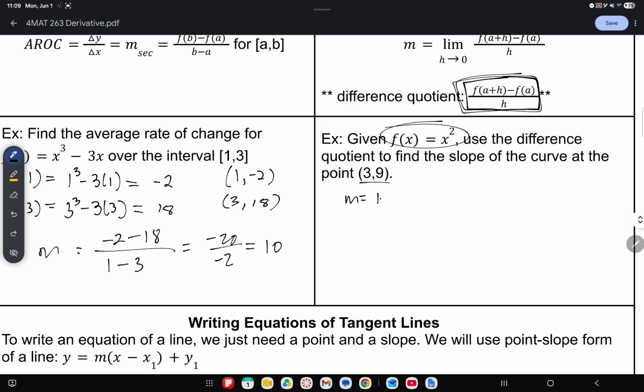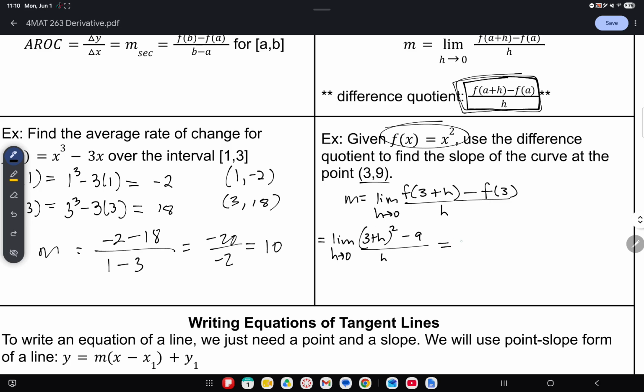So the slope is the limit as h goes to 0 for f of a plus h, so in this case, a is 3, plus h minus f of 3 all over h. So let's do these calculations here. If I substitute in 3 plus h squared, I'll FOIL that out in a minute. Then f of 3 squared is 9 all over h.